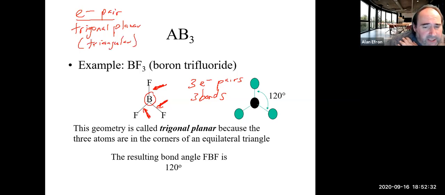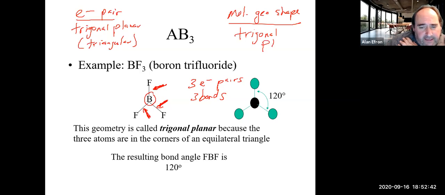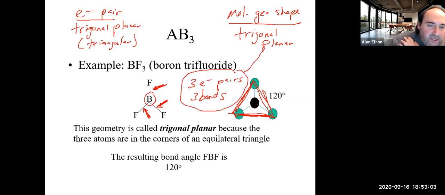The molecular geometry name, or the shape, again these are two different names, is also going to be trigonal planar in this case. That is because these three get as far away as they can, basically 120 degrees. It is called triangular because if you draw it, it makes an equilateral triangle. So three electron pairs, three bonds, the molecular geometry name is trigonal planar or triangular.